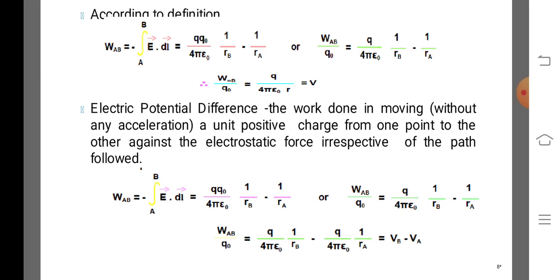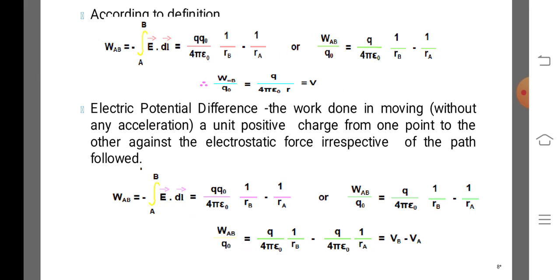This electric potential difference is the work done in moving, without any acceleration, a unit positive charge from one point to another point against the electrostatic force, irrespective of the path followed. That representation depends on dW equal to F into dl.